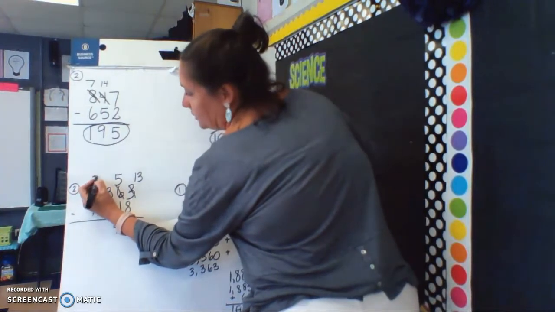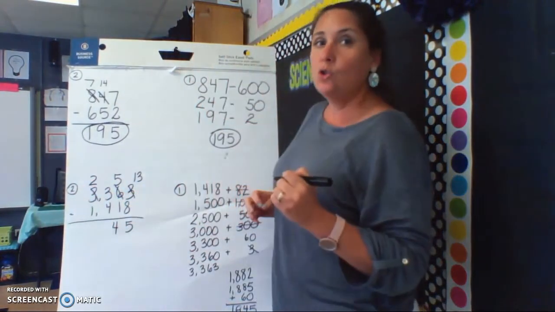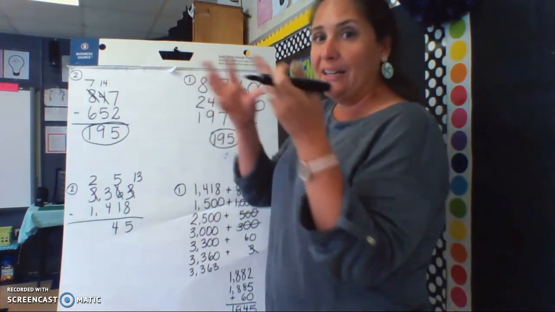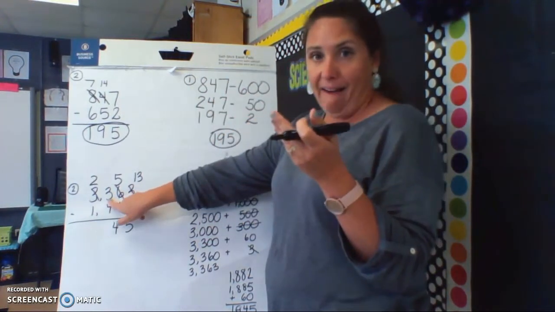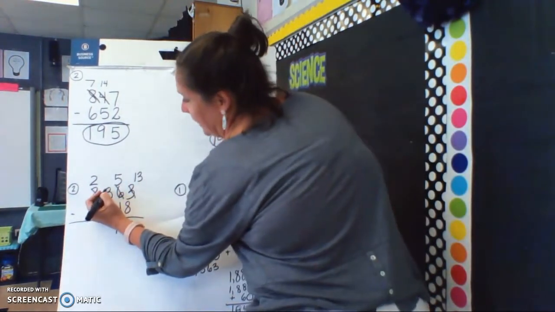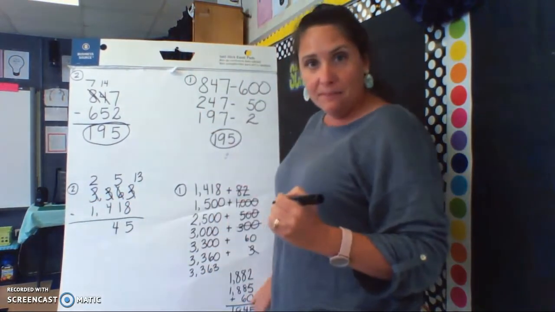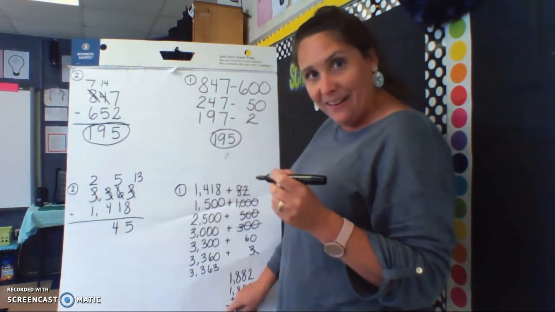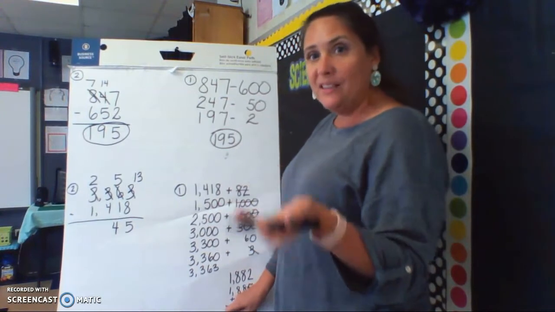And it's in the thousands place, so it's really worth 2,000. Now that group that I borrowed, I got to give it to this guy. And that's in the hundreds place. So I'm taking one group of 1,000 and adding it to 3 groups of 100, and that gives me 1,300.